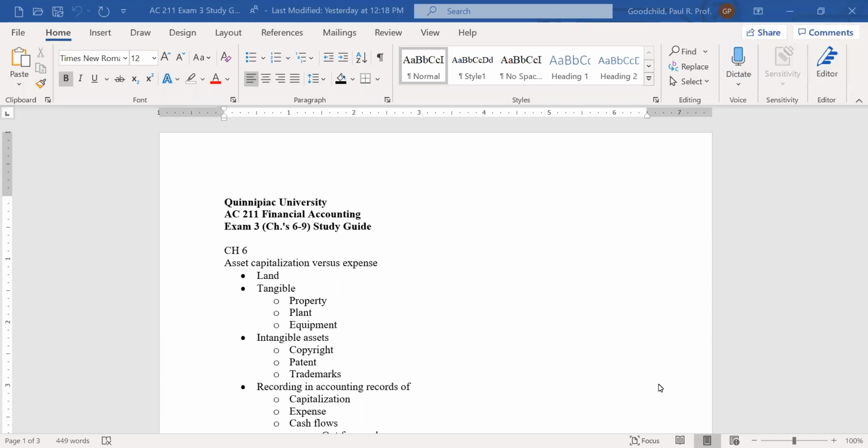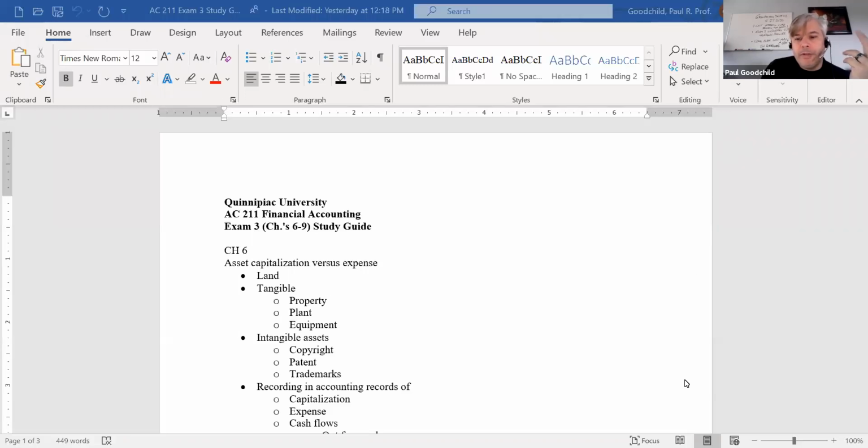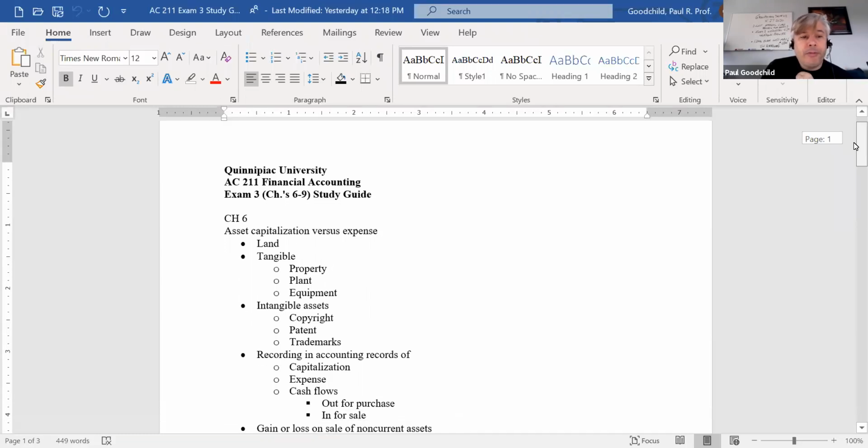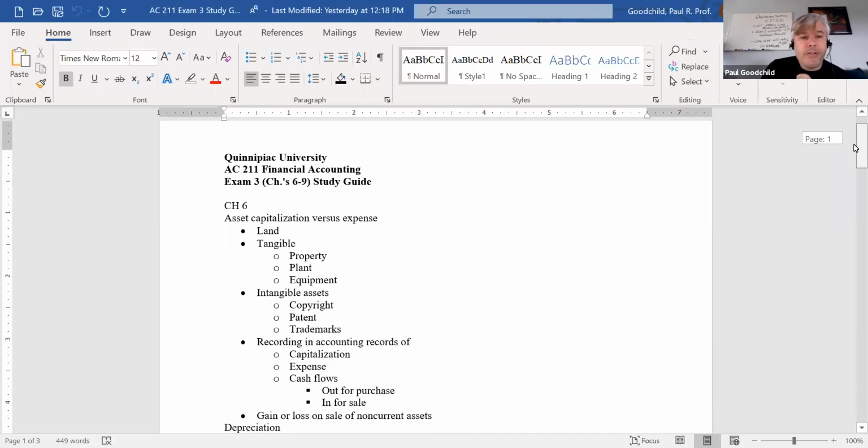Awesome. All right. So what I've done is scan through all the exam questions, and I highlighted all of the topics from each of the chapters.